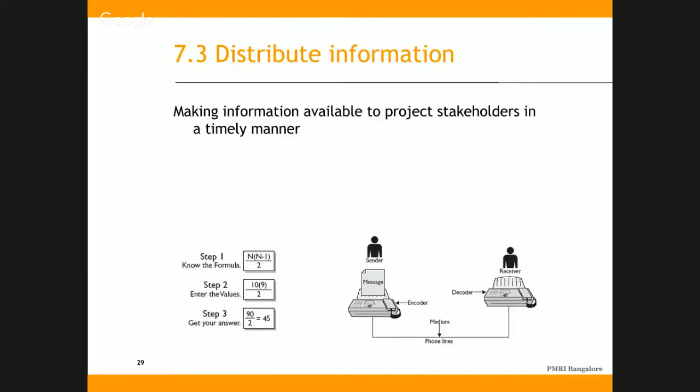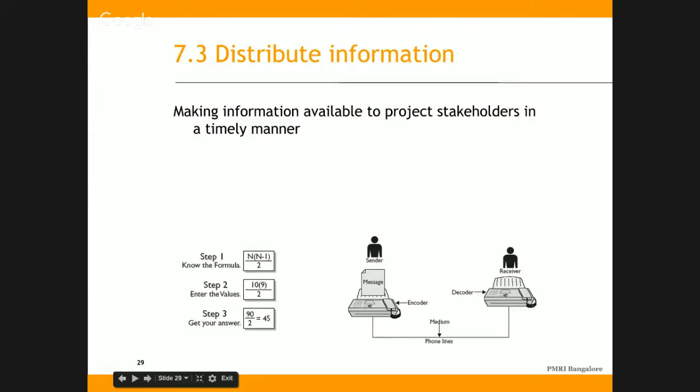So, as per PMBOK, it is the responsibility of the sender of information to ensure that the recipient got the message and understood the intended meaning of the message. So that is very important. It is the responsibility of the sender to ensure that the recipient got the message and understood the meaning which the sender intended.